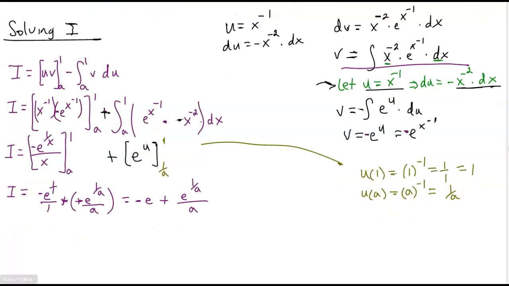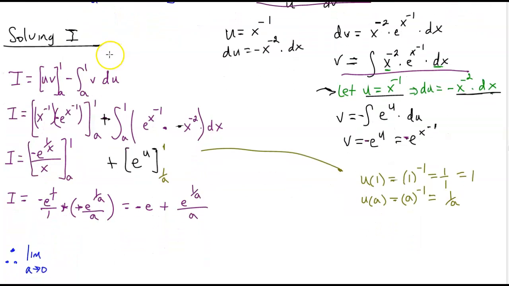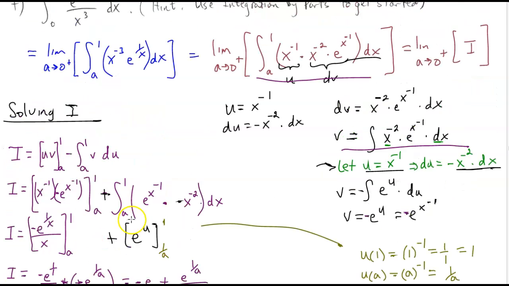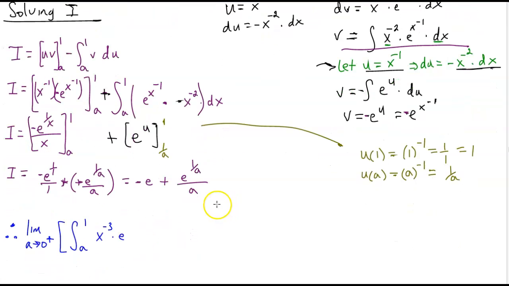All right, so to finish this out now, we do the limit as a approaches 0 from the right of the integral from a to 1. And that was x raised to the negative 3 times e raised to the 1 over x dx.